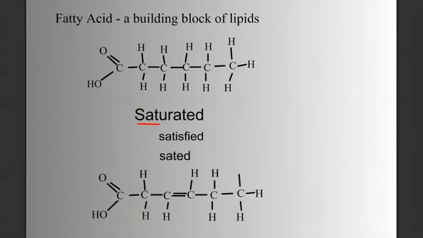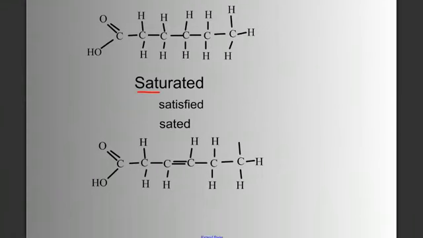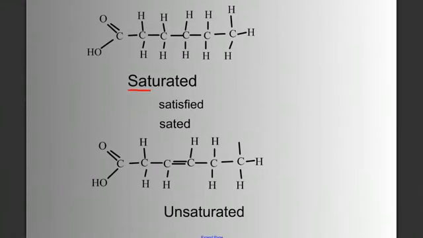So here's another fatty acid, and this one is unsaturated. So now you should be able to see what the term means. Sated means full. Satisfied means you have everything you want. So a saturated fatty acid is saturated, it's full. And this unsaturated fatty acid isn't full. What's it not full of? Well, it could be holding two more hydrogens except for this double bond.